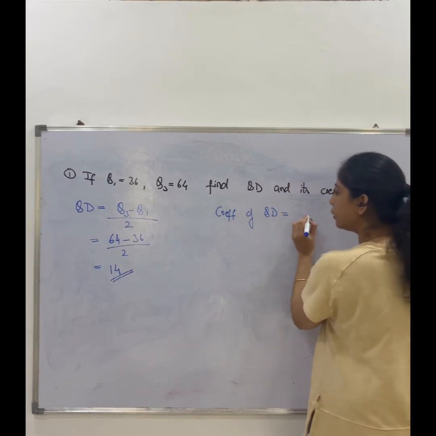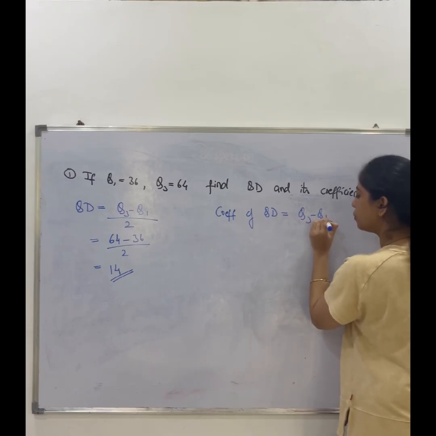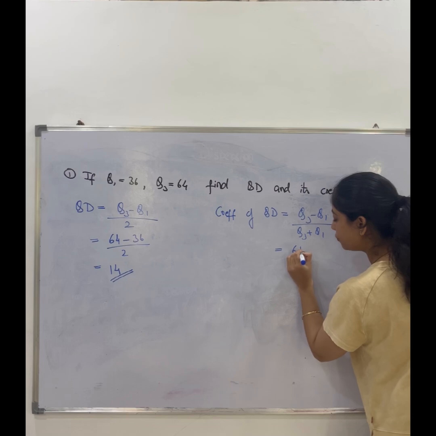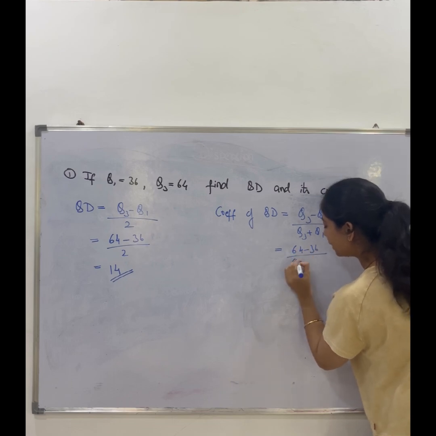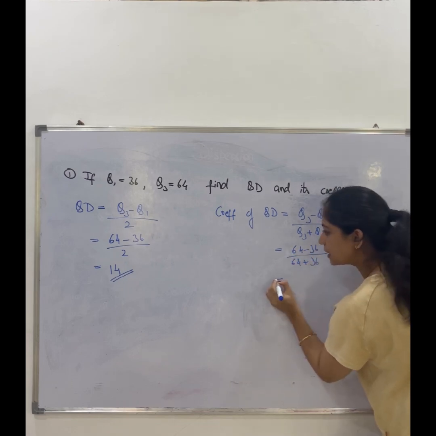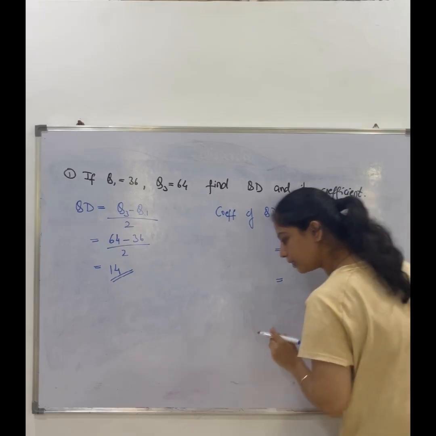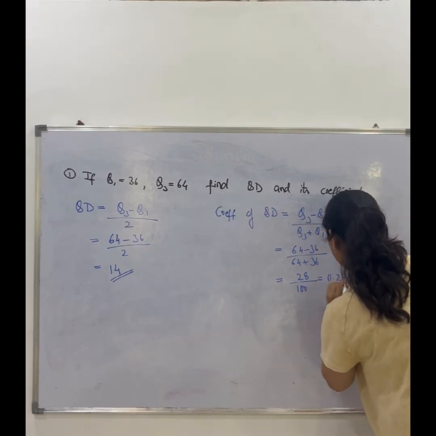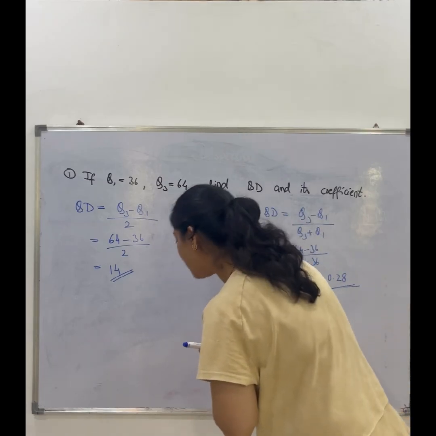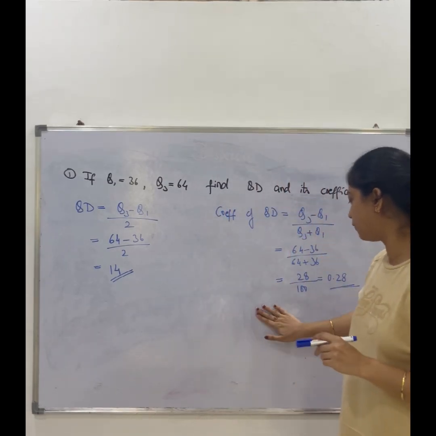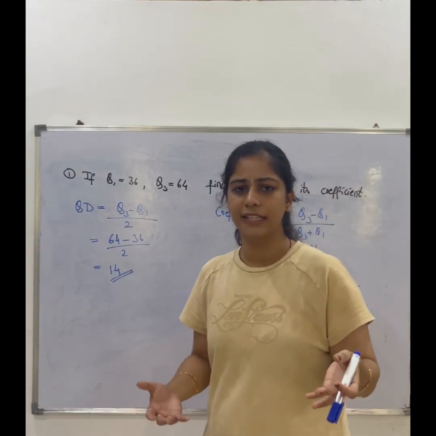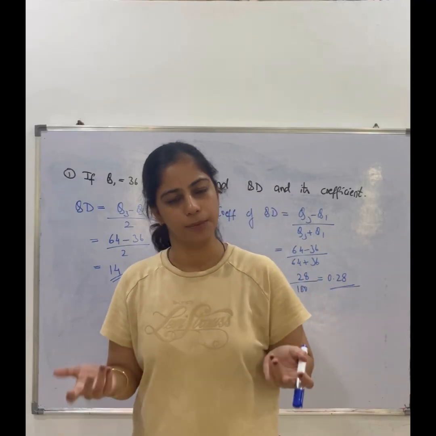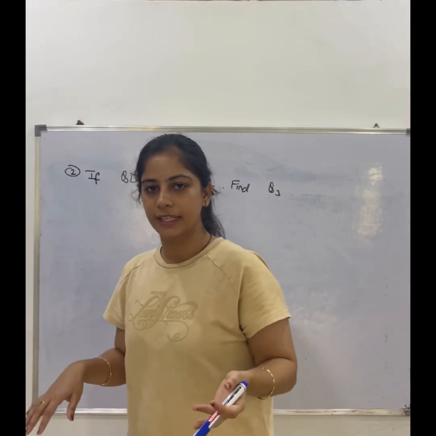First, write down the formula, which is Q3 minus Q1 upon Q3 plus Q1, which is 64 minus 36 divided by 64 plus 36, 100, and the answer is 0.28. So these are the answers for quartile deviation and coefficient of quartile deviation. It's very simple. If the data is given to you, you just directly need to write the formula and substitute the values. Look at the second question.